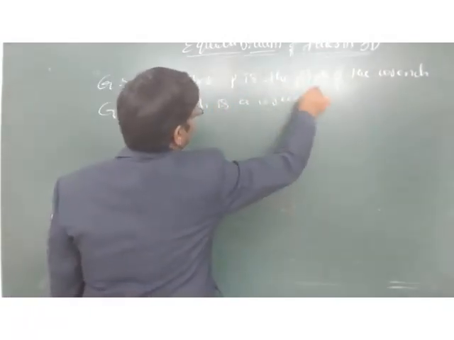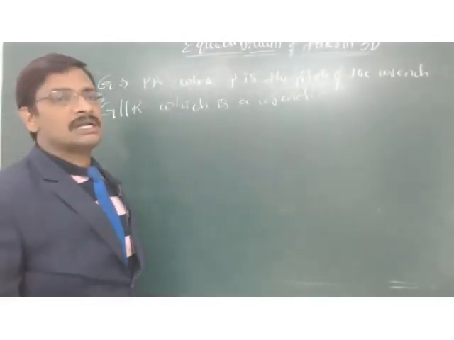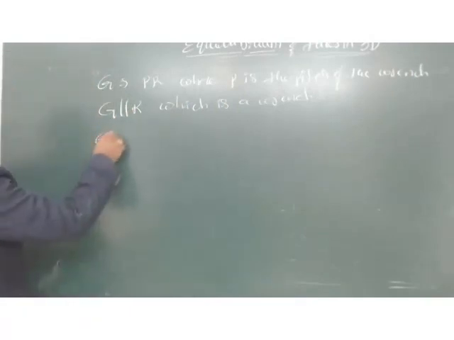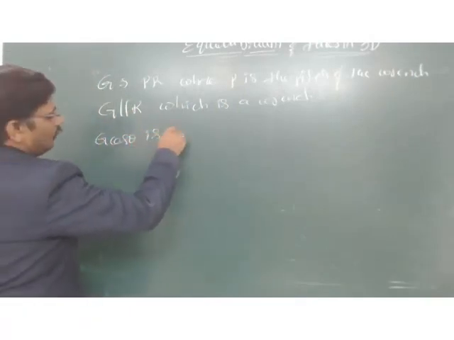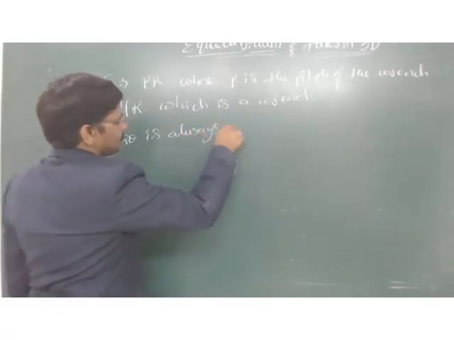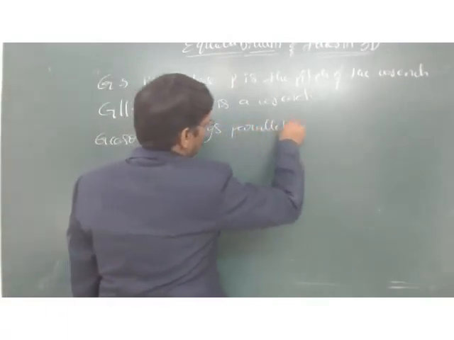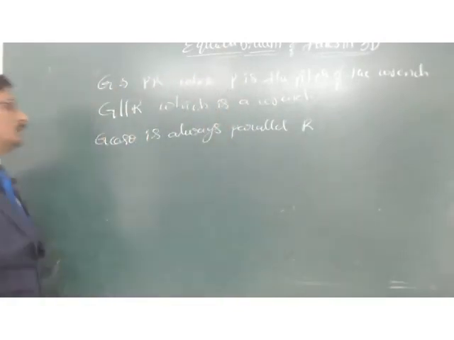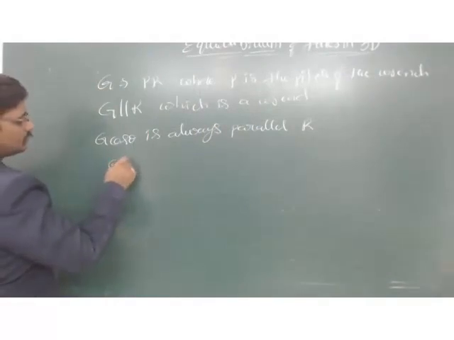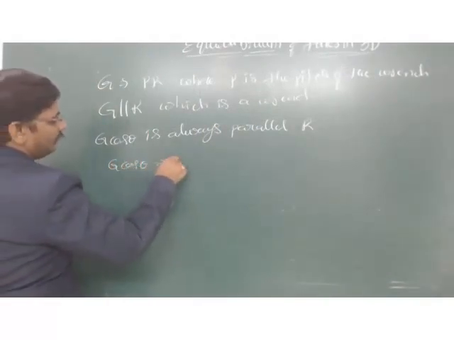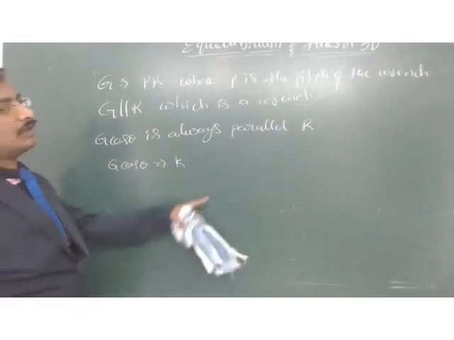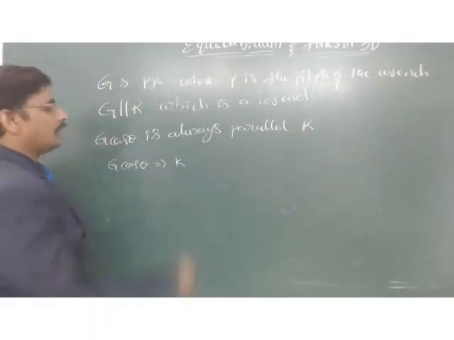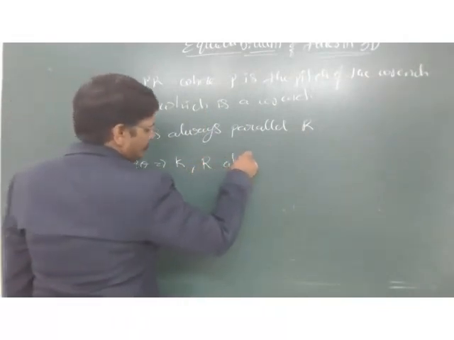We just proved that G cos theta will always come parallel to R. So this R axis is the central axis. Now this value G cos theta, if I call this K, which is the moment along the direction of the resultant force R, then this K and R always form a wrench.